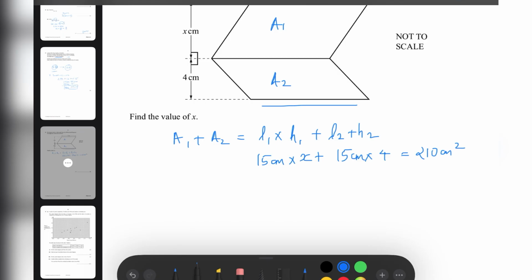Okay, so over here 15x, we don't know what it is. 15 fours is what? 60. 210. Shift it. Minus 60. That will be 150.